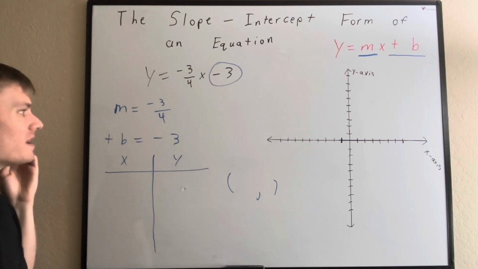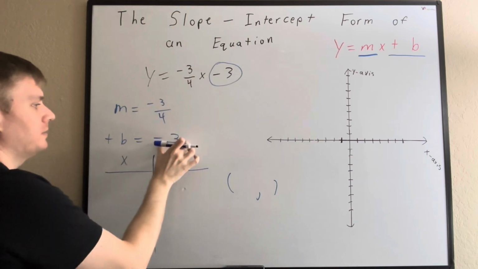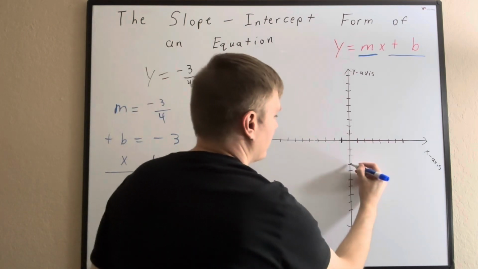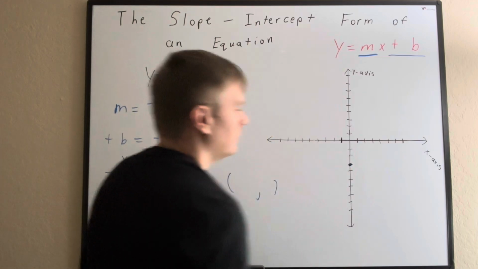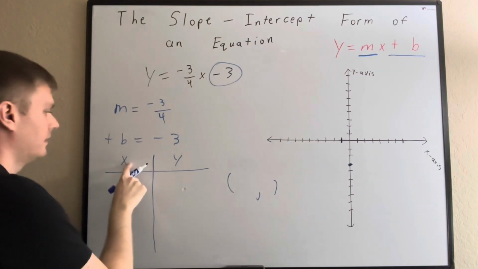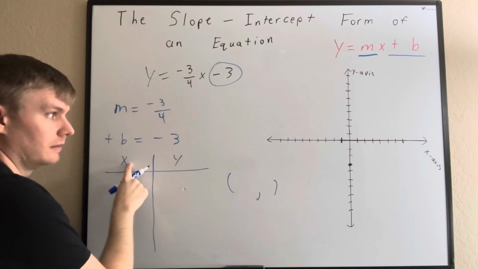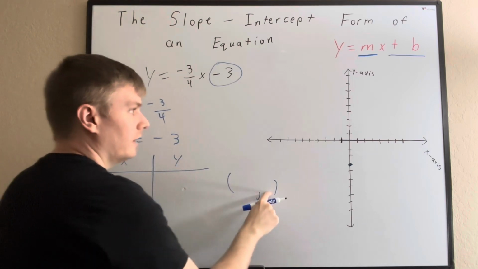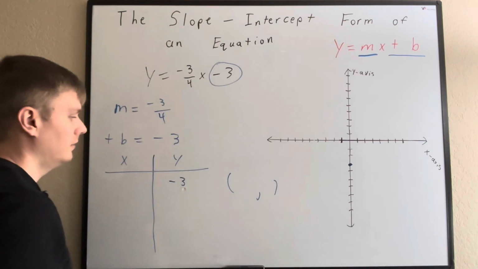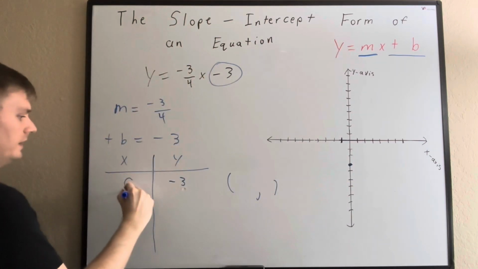Well, if this line intercepts the y-axis at -3, it will be at 1, 2, 3, right there, right? -3. What is the value of x at that point? Well, the y part tells us how far we went up and down, right? What does the x part tell us? Did we go left or right at all? No, we went 0.